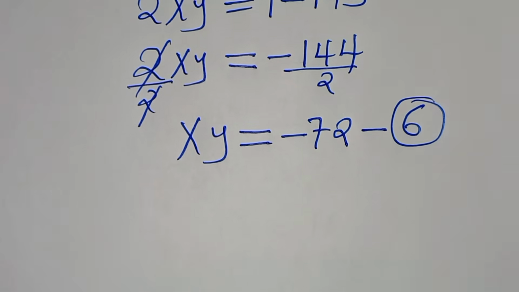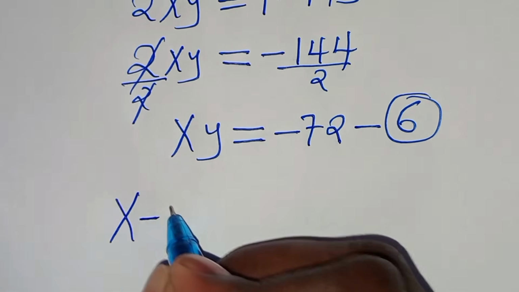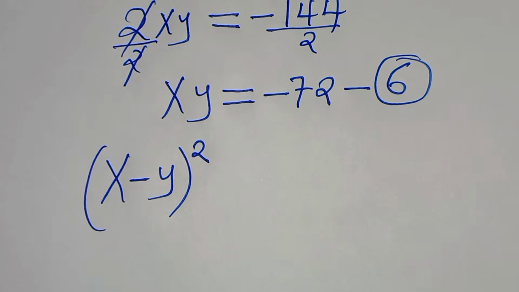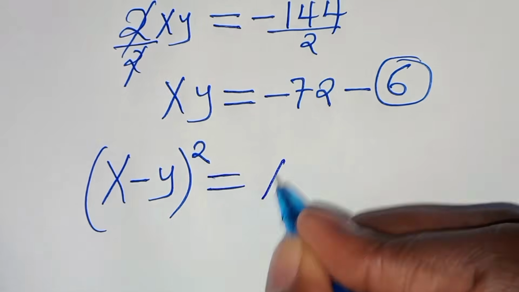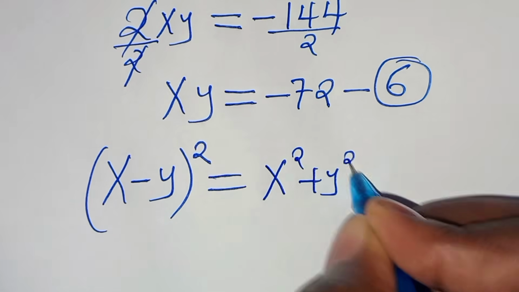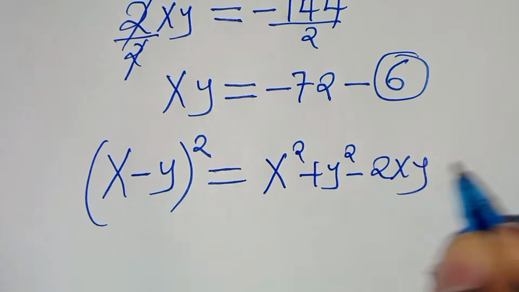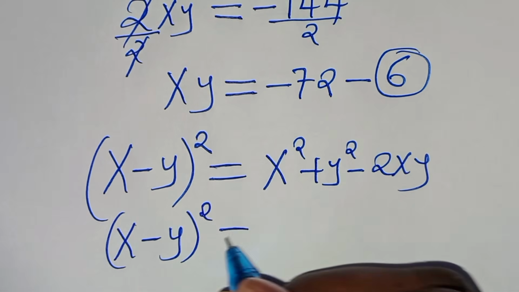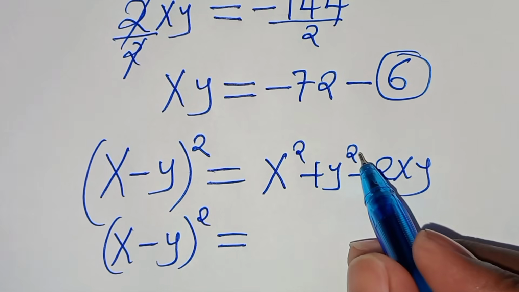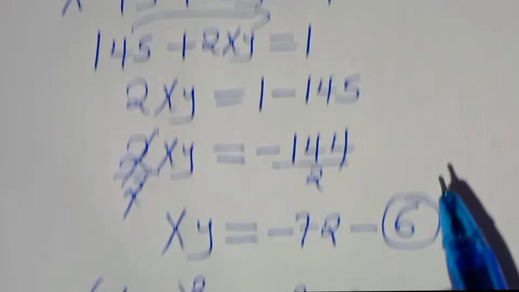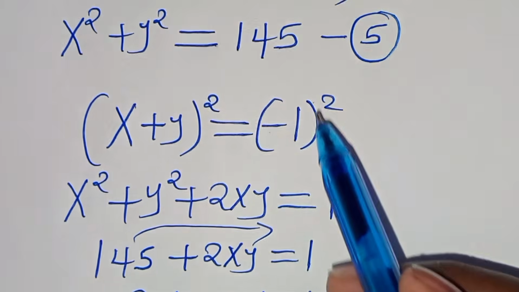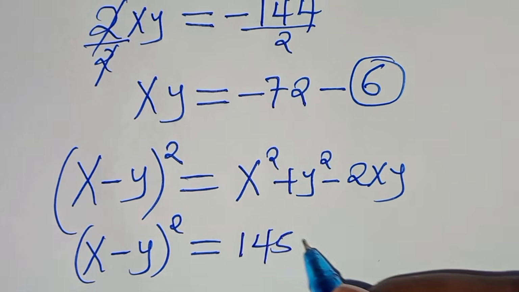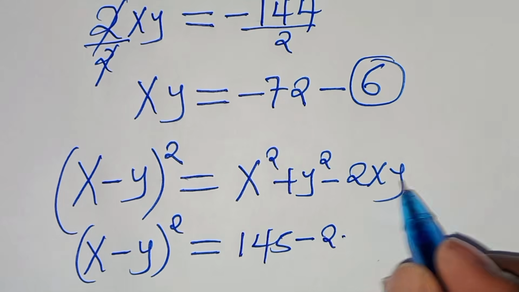The next step is that x minus y raised to the power of 2 is the same thing as x to the power of 2 plus y to the power of 2 minus 2xy. So x minus y to the power of 2 is equal to x squared plus y squared, which is equation 5, which is 145. Let's substitute 145 so that we have 145 minus 2 multiplied by xy.